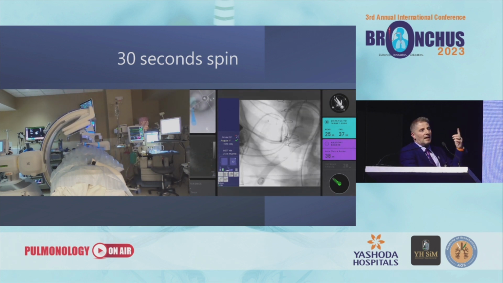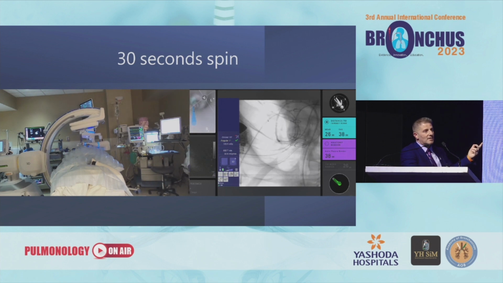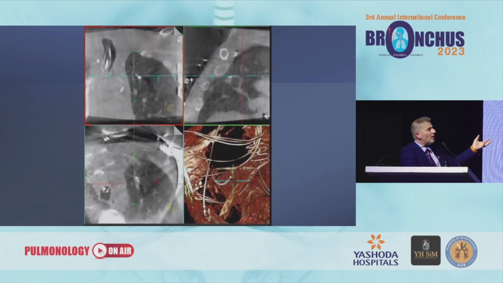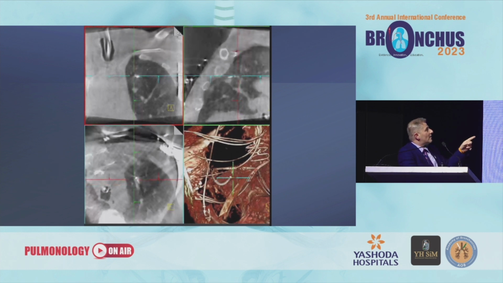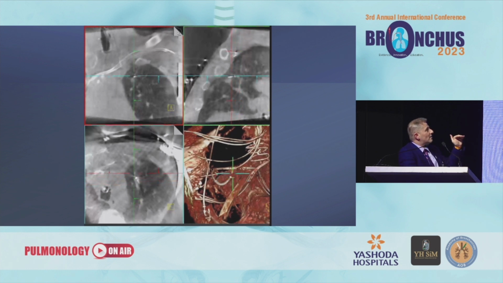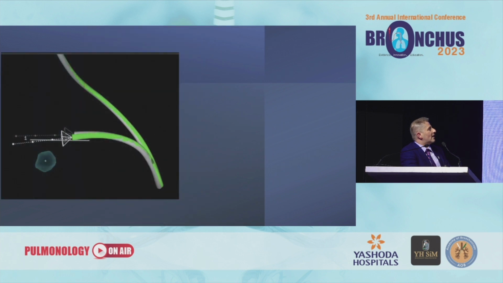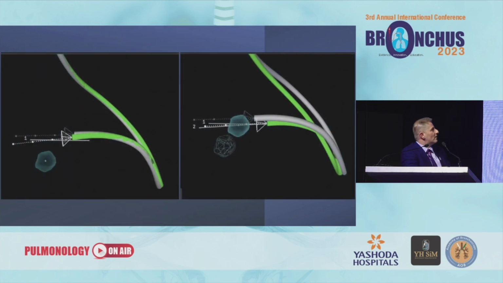Doing the spin, as you see here, takes around 30 seconds to get all the information. After that, we analyze the data. This is before the integration of SIOS with Ion. You can see from this that the radial EBUS is sitting superior to the nodule, so we moved the catheter more inferior and updated the target.